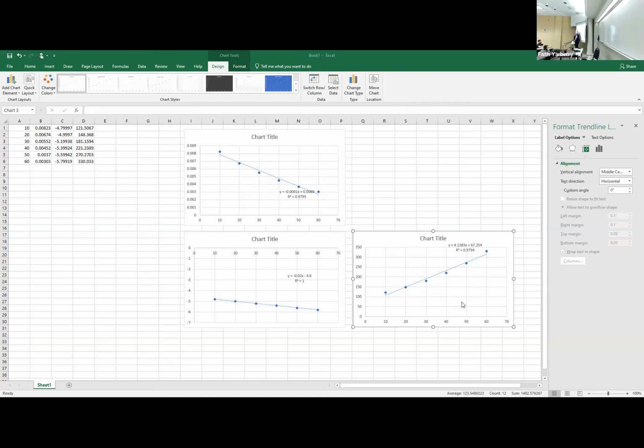When I graphed time versus the natural log, I got an R squared of 1. And when I graphed time versus 1 over the concentration, I got an R squared of 0.97 something. Because my best R squared happened when I graphed natural log versus time, that says it's first order with respect to A.